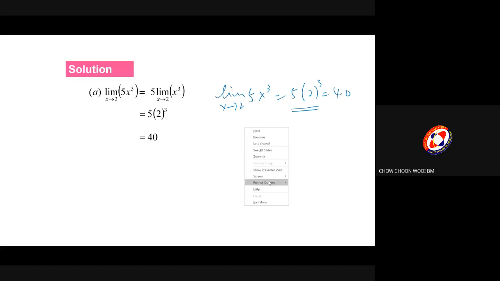So definitely we need to write down at least limit x tends to 2, 5x cube, you kena buat 5 kali 2 kuasa 3 sama dengan 40. Satu step ini kena ada. Kalau tak ada tak boleh lah. Okay, next.